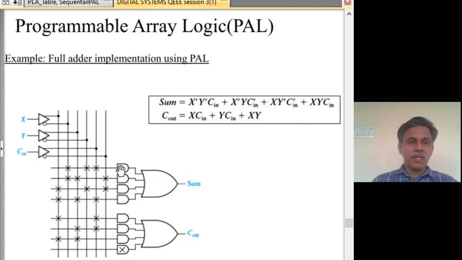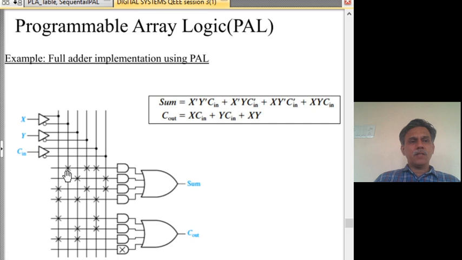So the first one generates x bar, this is x bar, and this is y bar, and this is c in. Similarly, this will generate x bar, y, and then c in, and so on, c in bar. So like that we generate the terms and then give them to these ANDs.